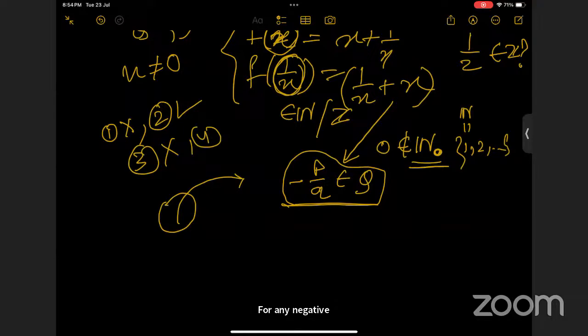So the function with N as domain and Q as codomain is not surjective.